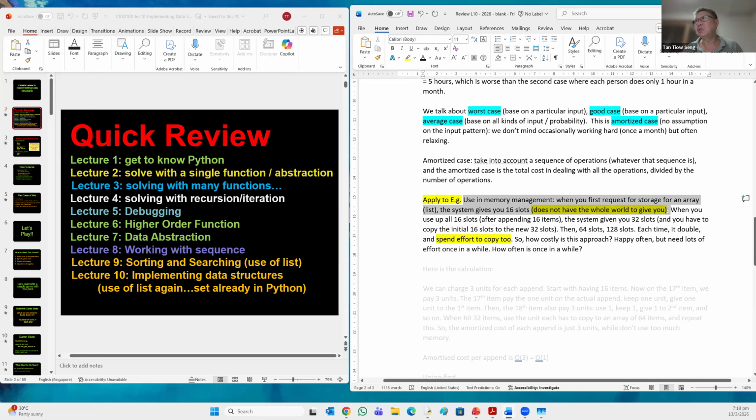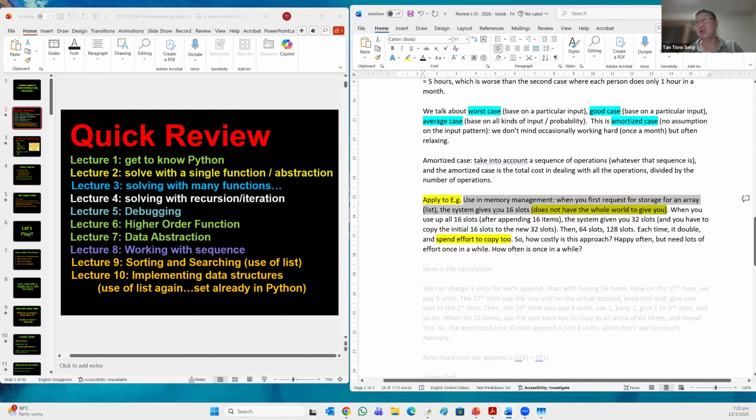In memory management systems, when you ask for an array, or in this case a list, as it's called in Python, the system doesn't give you a whole lot. You know that you can add a lot of things to the list, endless basically, but you don't expect the system to give you endless storage in one go. You should believe that the system gives you some number, and then at some point, if you need to, it will give you some more.